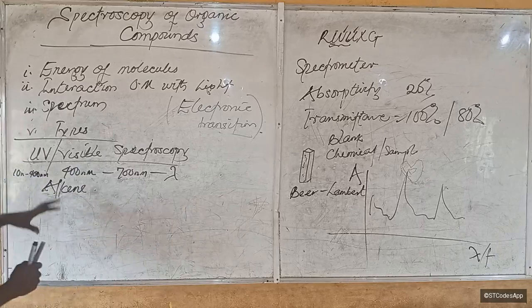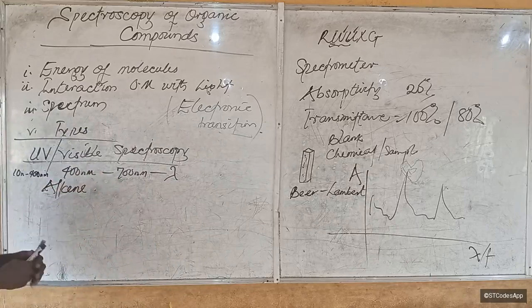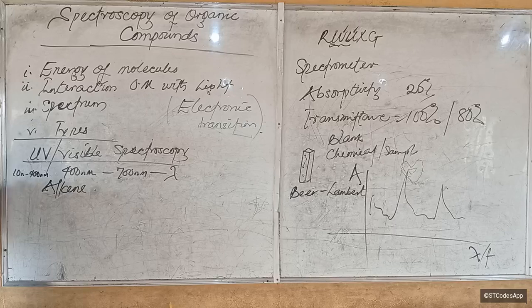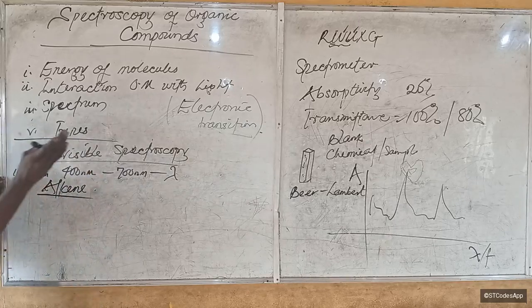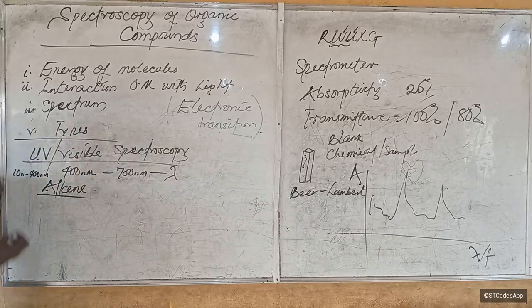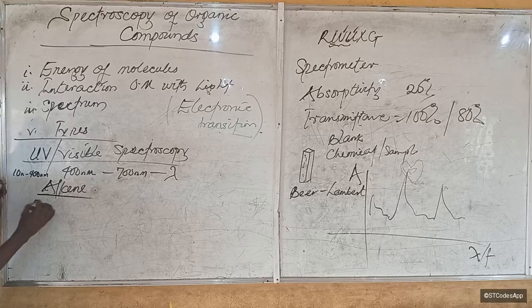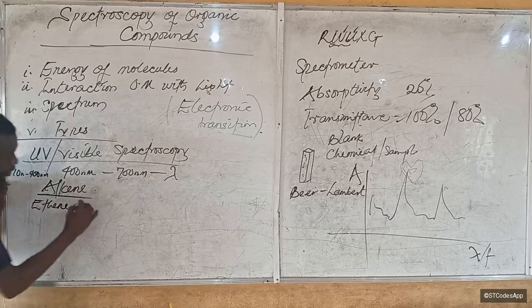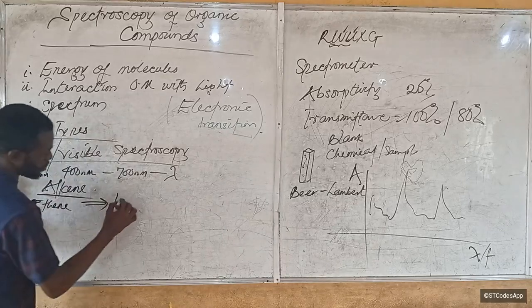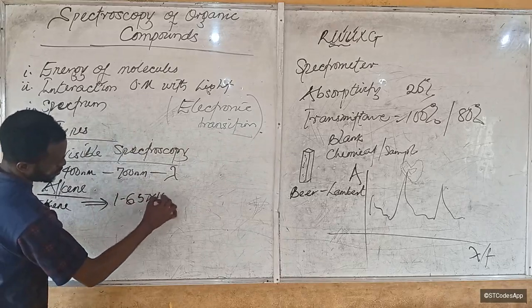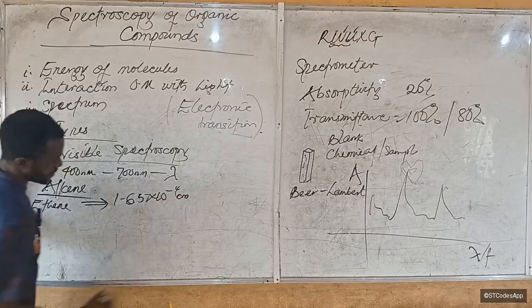So it absorbs higher wavelength of this UV visible light. Now let me use 3 or 4 alkenes, for example. So, for example, ethene absorbs a wavelength of about 1.65 times 10 raised to the power minus 4 centimeters.